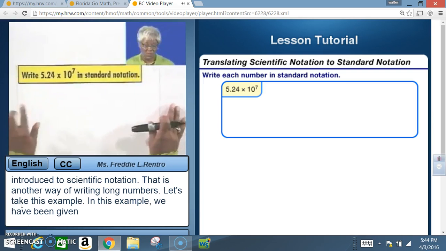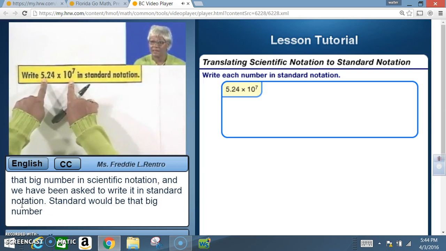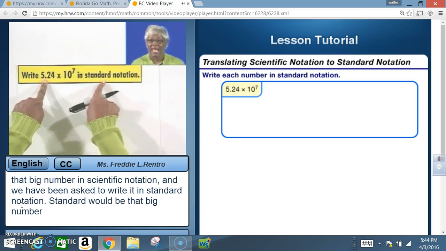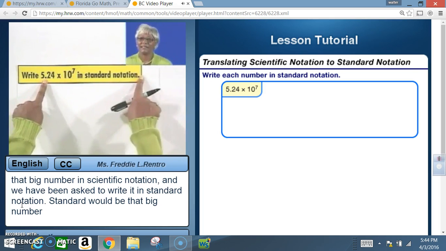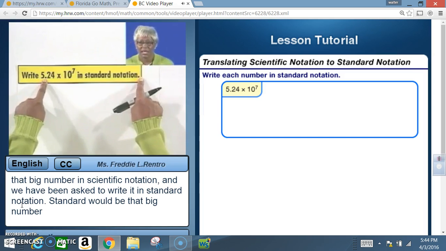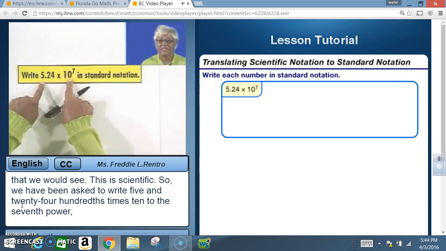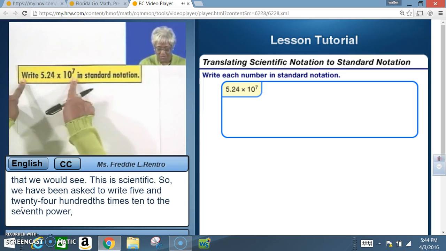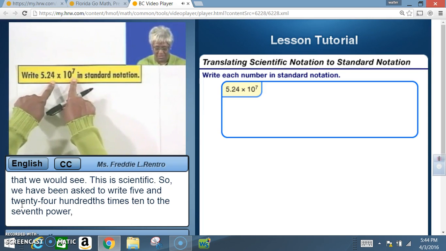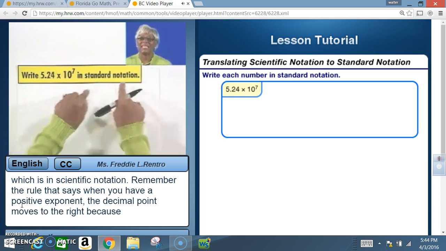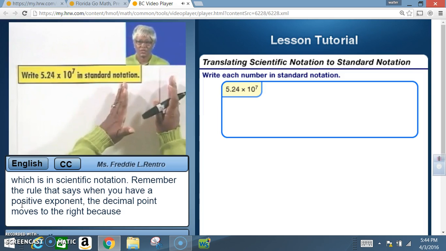In this example, we've been given that big number in scientific notation, and we're being asked to write it in standard notation. Standard would be that big number that we would see. This is scientific. So we're being asked to write 5 and 24 hundredths times 10 to the 7th in standard notation.